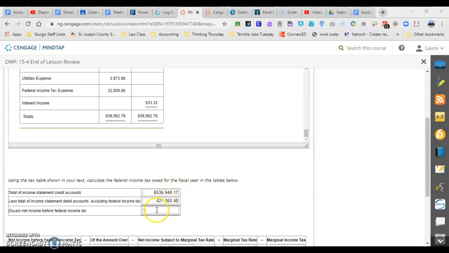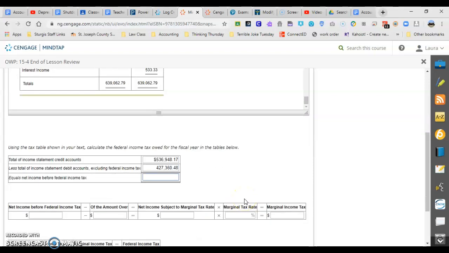These are our debits. So we're going to subtract those two to find out how much we made before federal income tax. Because our expenses were less than our revenue, we have a net income. So the net income before federal income tax I have is 141,587.69.